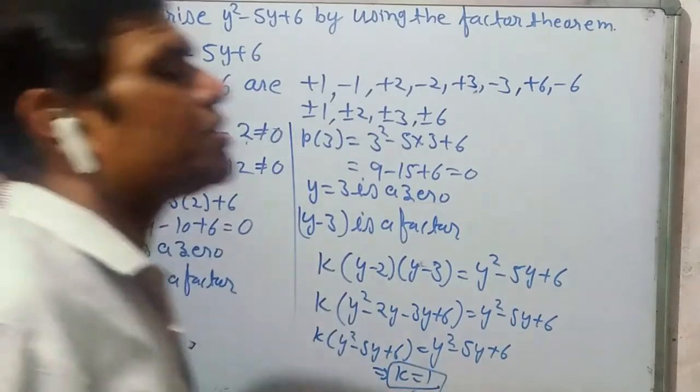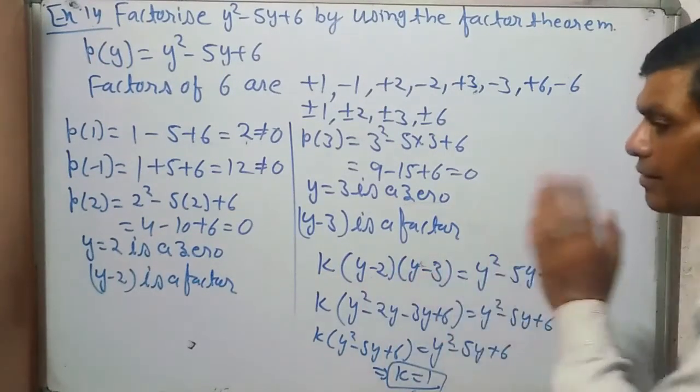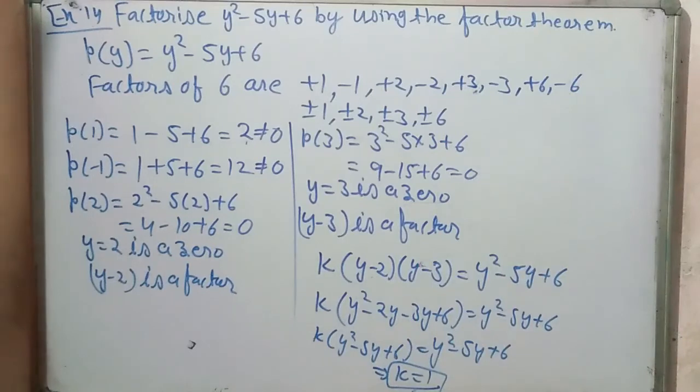So no constant is being multiplied except 1 to (y minus 3)(y minus 2). And thus the factors are only y minus 2 and y minus 3. If there had been any constant multiplied, this way we could have found it.